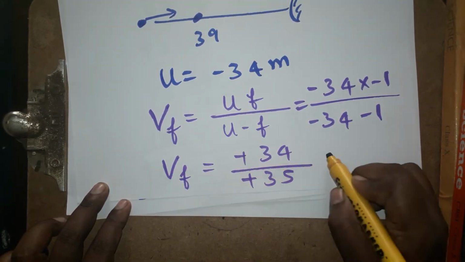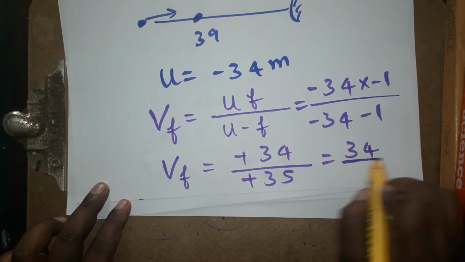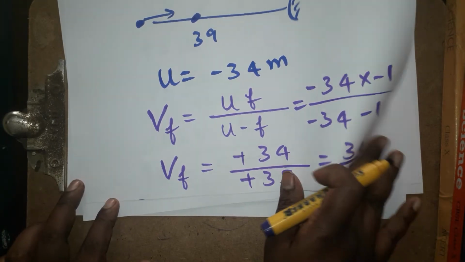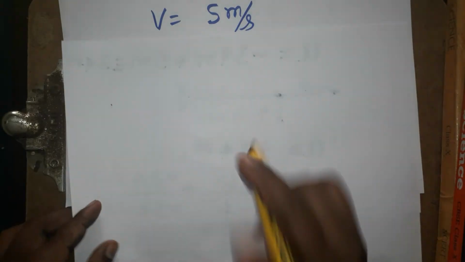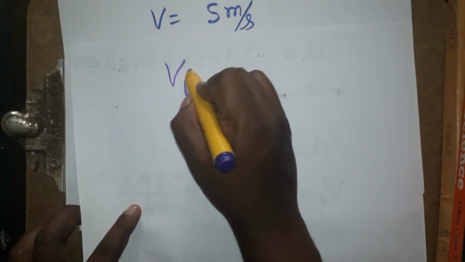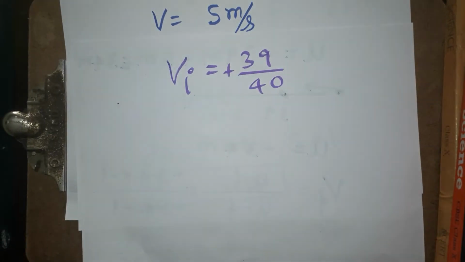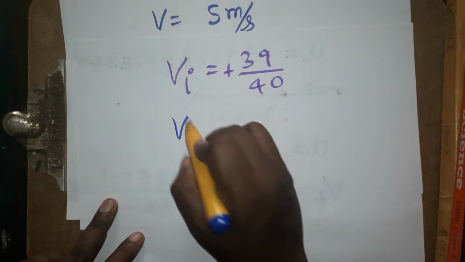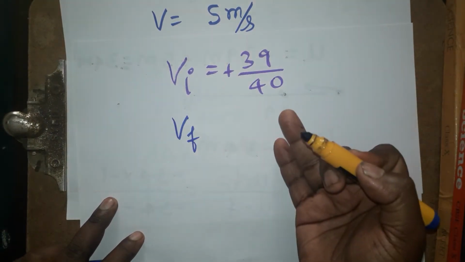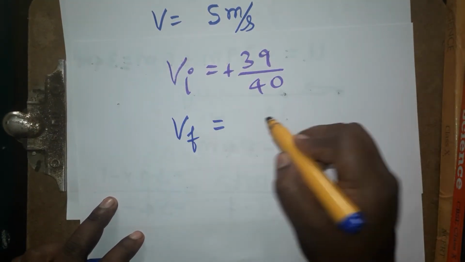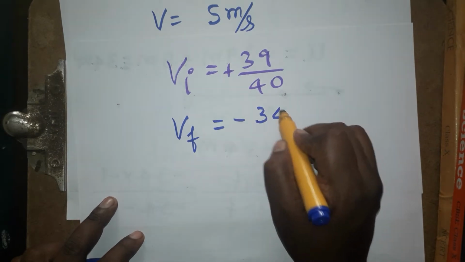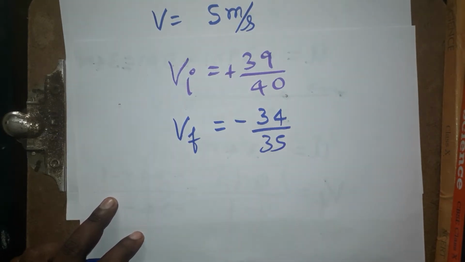Finally it is going to be 34 by 35. I will repeat the same concept again. The object at initial position gives 39 divided by 40. The v distance is plus, as I already told you. V at final after moving 5 meter, after 1 second, is going to be 34 divided by 35.